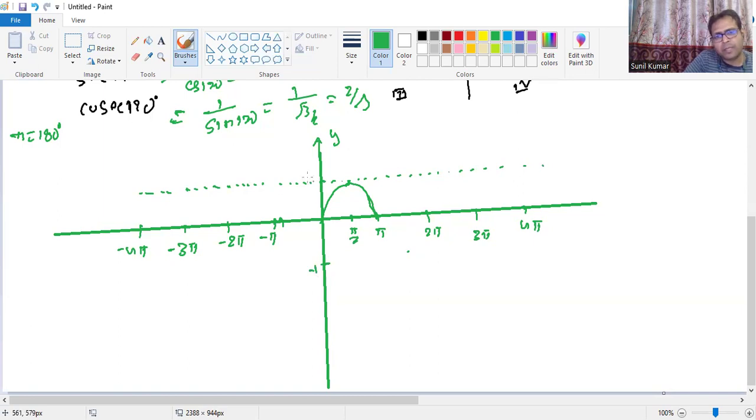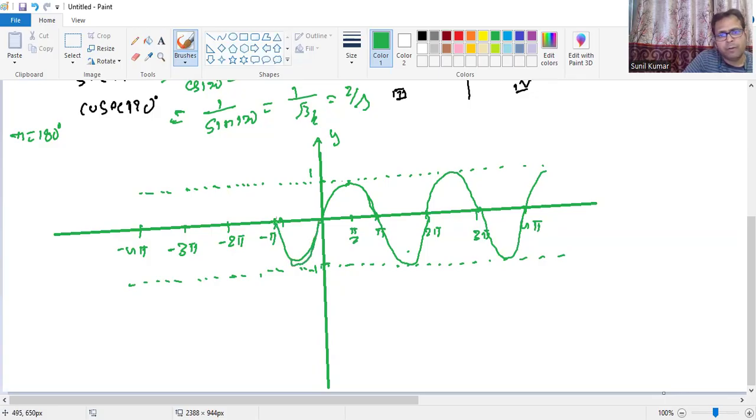The sine value has a maximum of 1 and a minimum of minus 1, so the curve is not going to cross these lines. If you draw this, we get it like that. This is a normal sine curve, and on this side also we can apply the same concept.